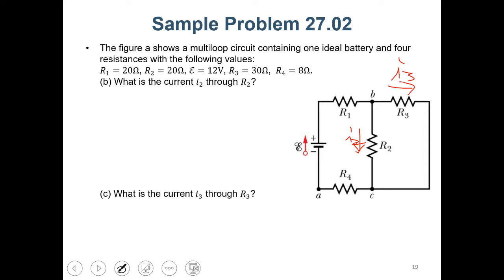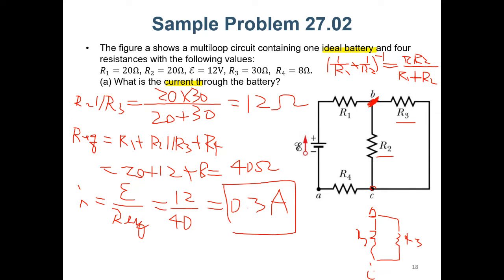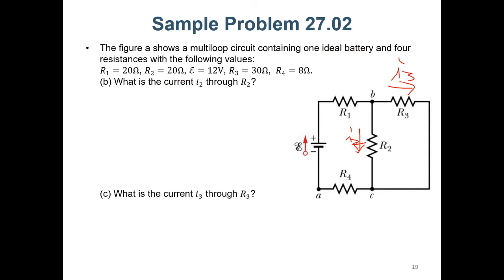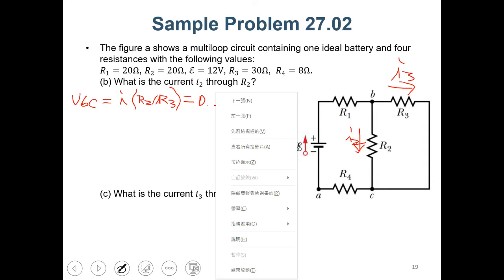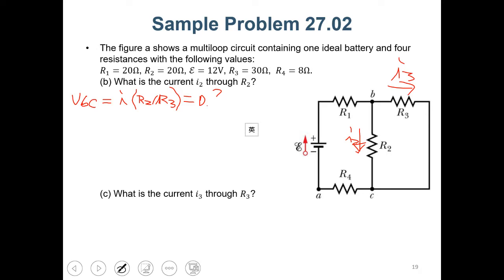As long as we know that I is 0.3 A, VBC should be I times R2 parallel R3, which is 0.3 times 12, which is 3.6 volt.